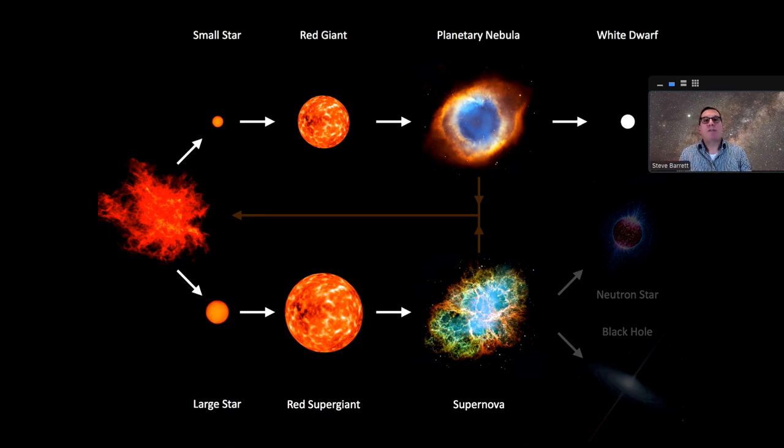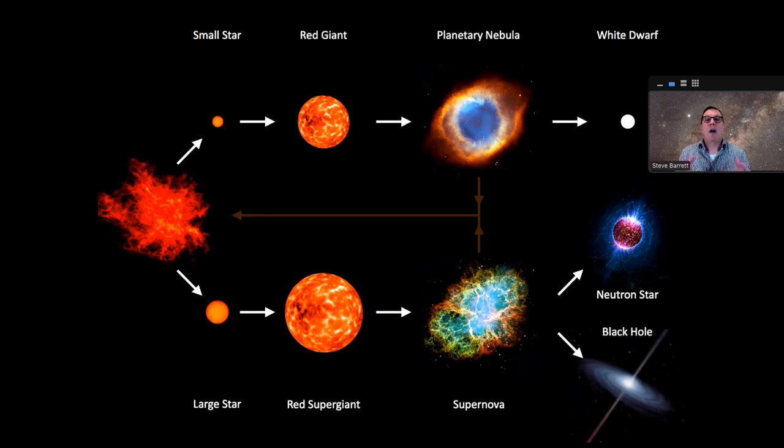Well, what's left is extremely compact, a few kilometers in size. Remember, the white dwarf was about the size of the Earth. A neutron star would result if the compact object is only a few kilometers in size, perhaps the size of a city, something like that.